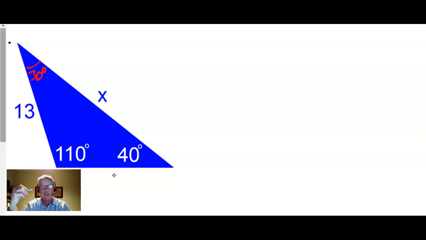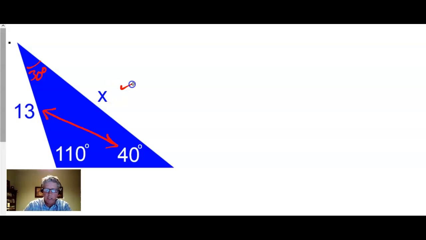What should trigger you here is if you know an opposite pair. When I say opposite pair, I'm talking about an angle opposite a side. So I notice that I know this 13 and I know this angle 40. There's my opposite pair. Once I have that, life is pretty good.